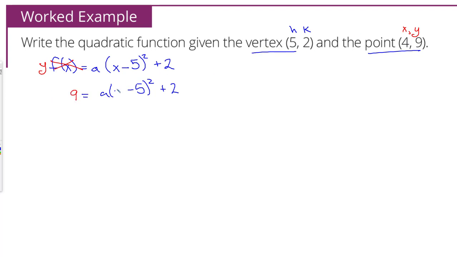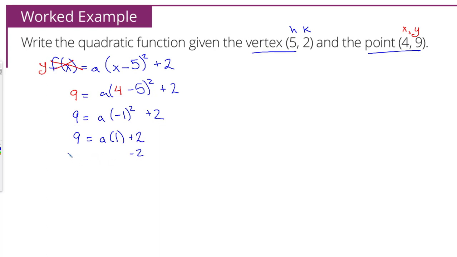So 9 equals a times 4 minus 5, that quantity squared. So 9 equals a times -1 squared plus 2. And so 9 equals a times 1, because negative 1 squared is 1, plus 2.